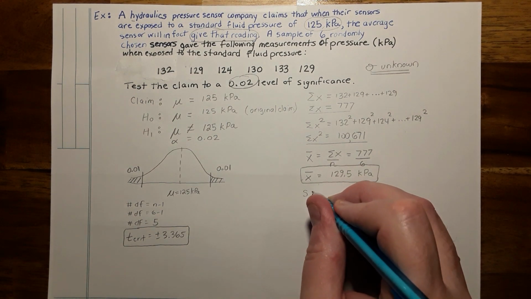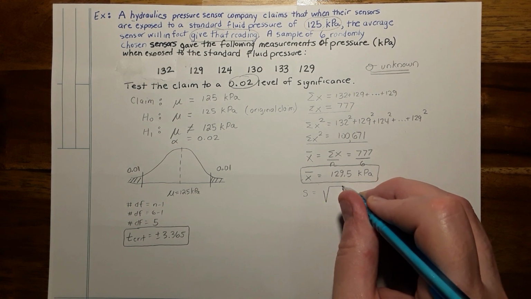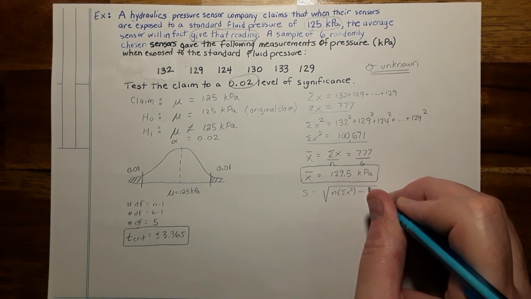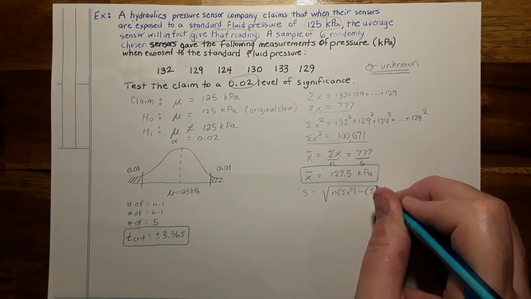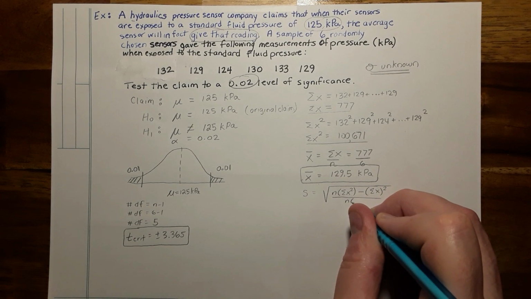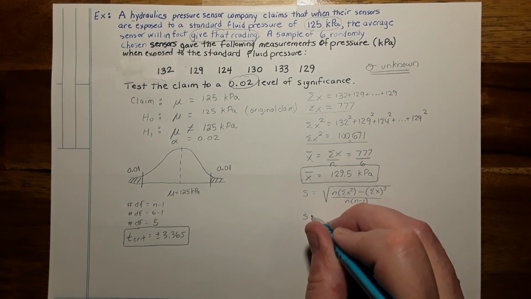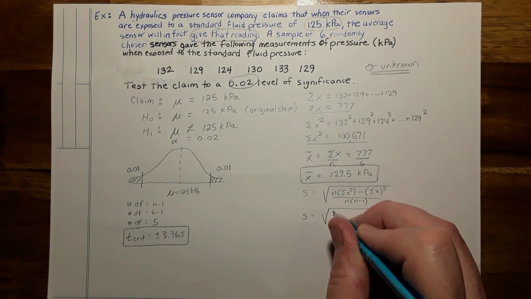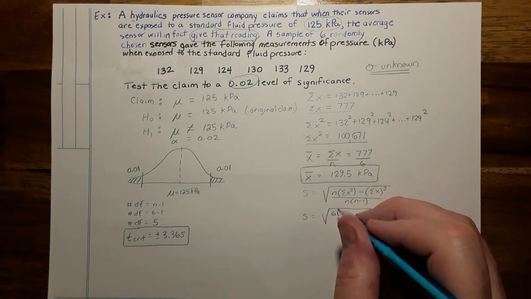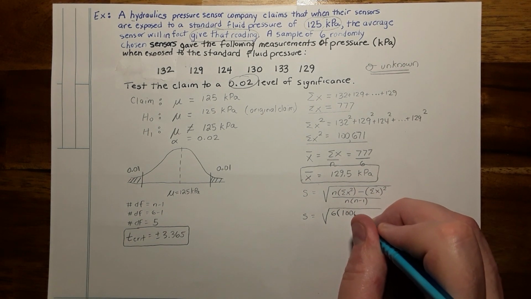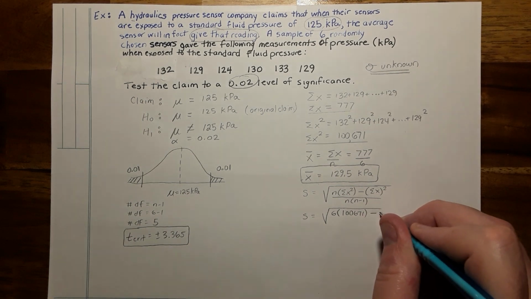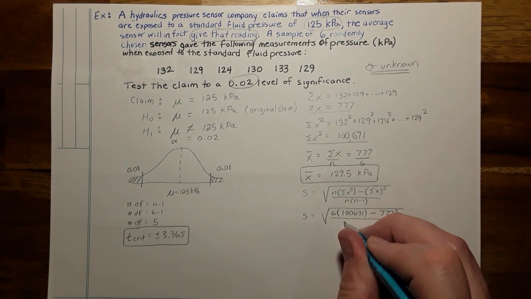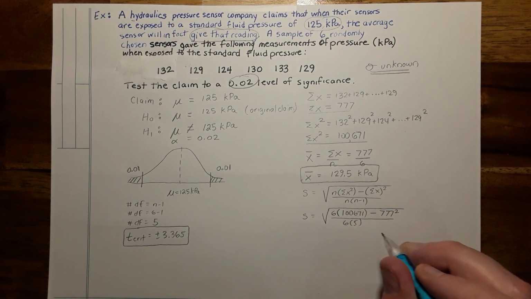We need the standard deviation of the sample, using the formula: the square root of n times the sum of the squares minus the sum of the values all squared, over n times n minus 1. That gives us 6, the sample size, times 100,671 minus 777 squared, all divided by 6 times 5.